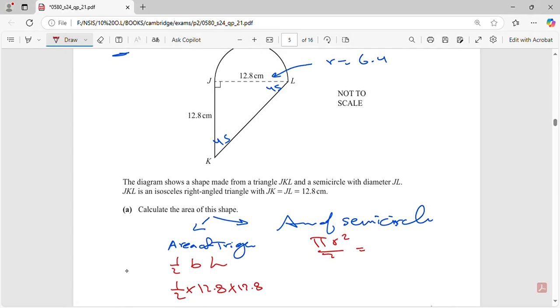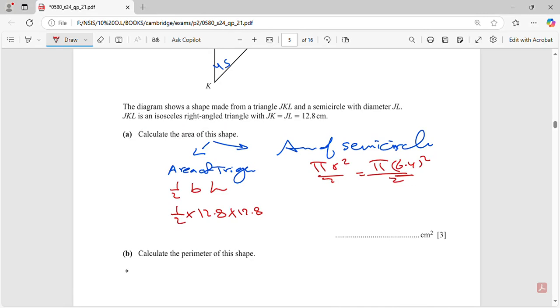So this is pi, divided by 2, and the radius is 6.4 to the power of 2, right? Now I have to add these two numbers together, and I will find it equals 146.2, which is approximated as 146 only.